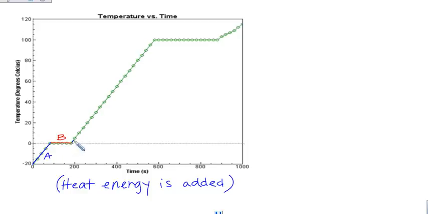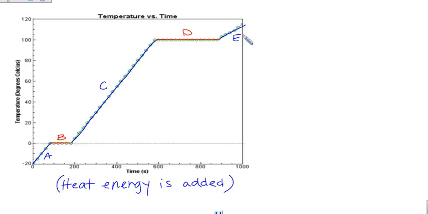And then this middle section, you got it, we're going to call that C. And then at 100, this plateau we'll label as D. And then finally, we'll call this section E. This is called a phase graph. And we're going to try to make sense out of each section of this graph.